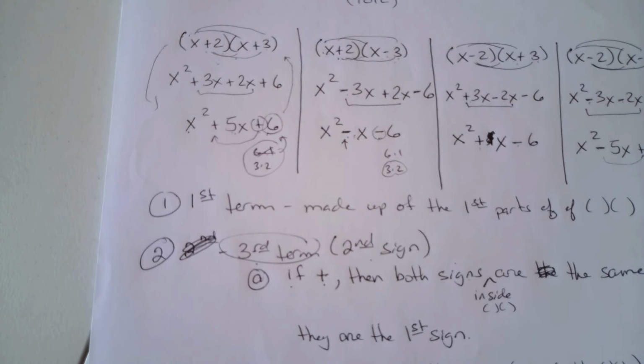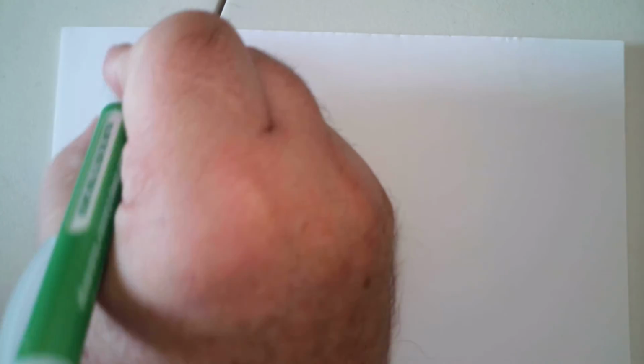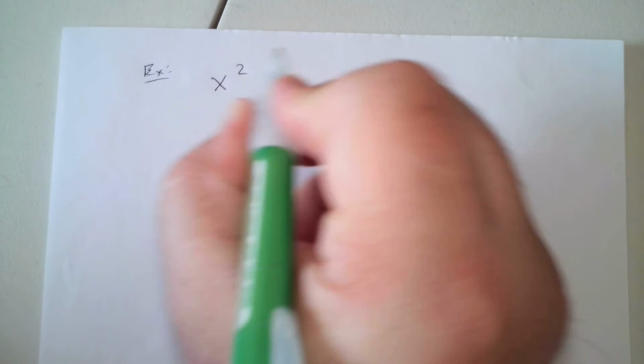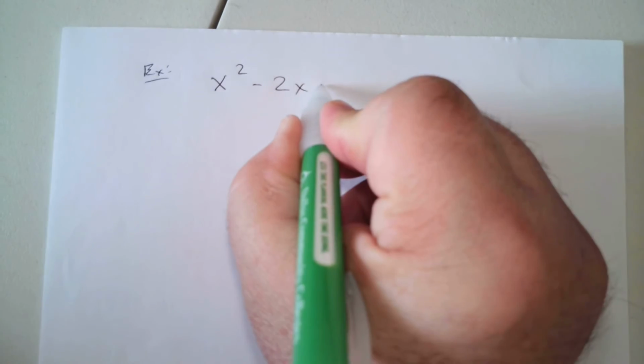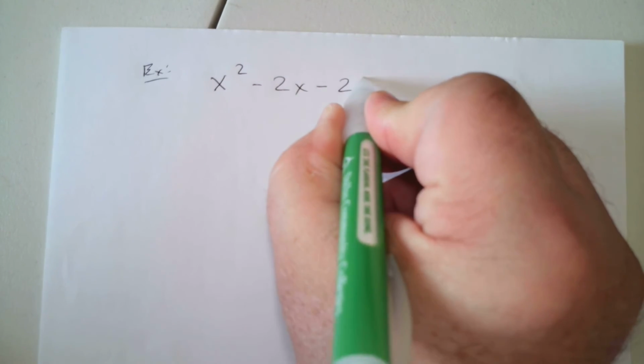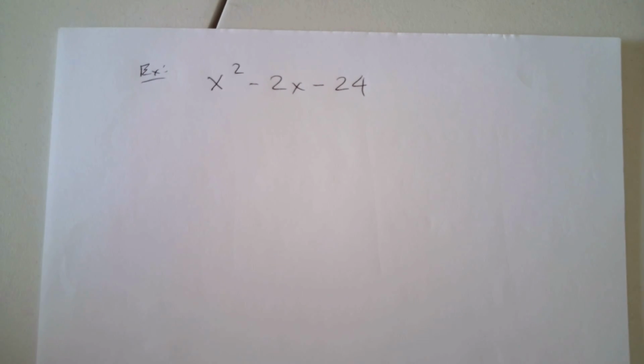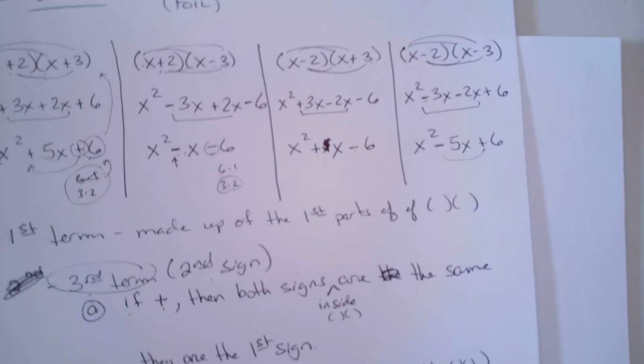All right. So let's look at some examples here. Let's do a couple of examples, then we'll move on to A not equal to 1. Try x squared minus 2x minus 24. Look at your previous notes. This sheet here is going to be pretty important.